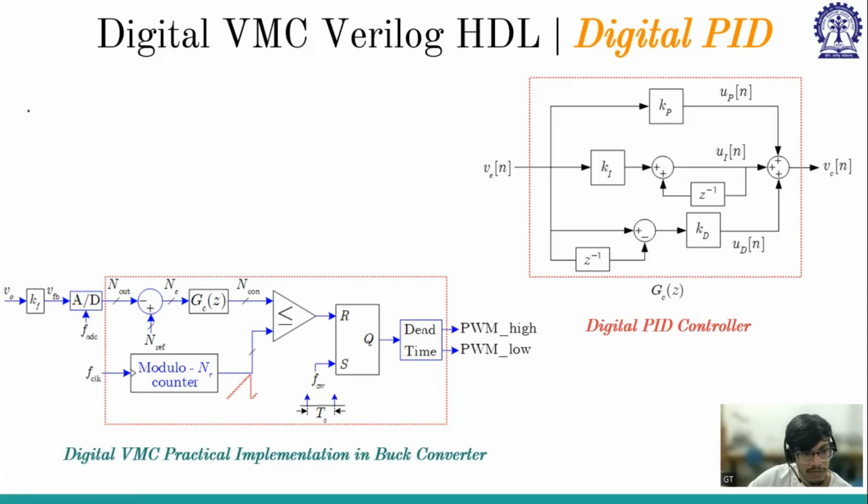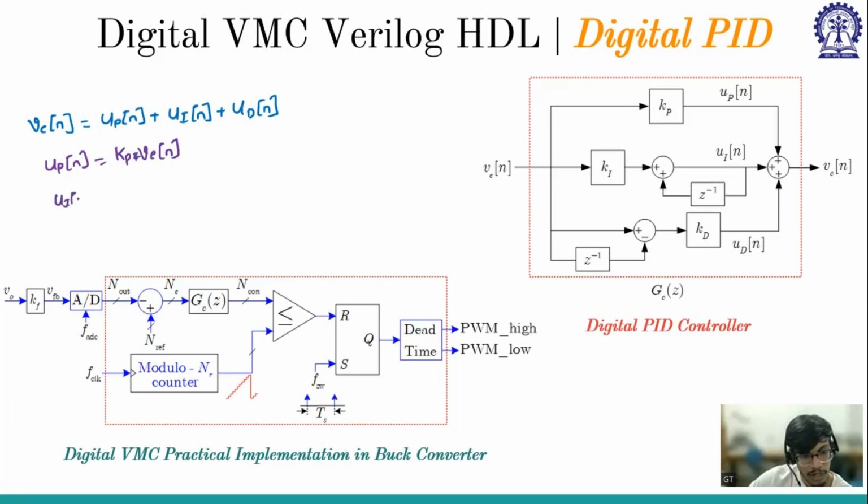Now, what is VC of n? Let me change the color. My VC of n is, say, UP of n plus UI of n plus UD of n. So one is proportional, one is integral, one is derivative. UP of n is nothing but Kp into VE of n, a multiplication.